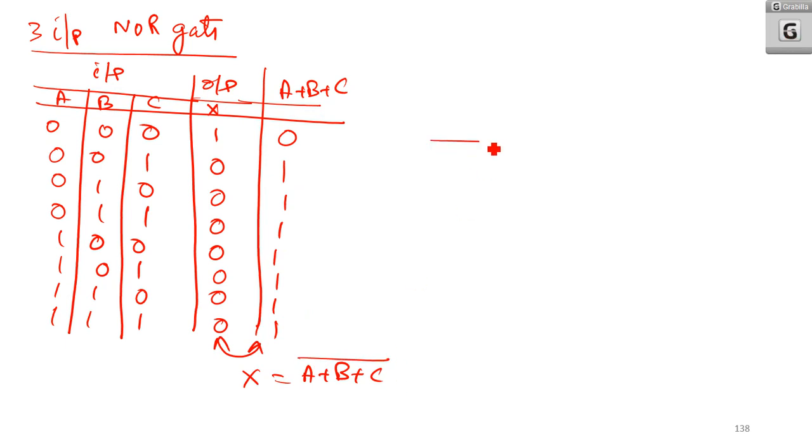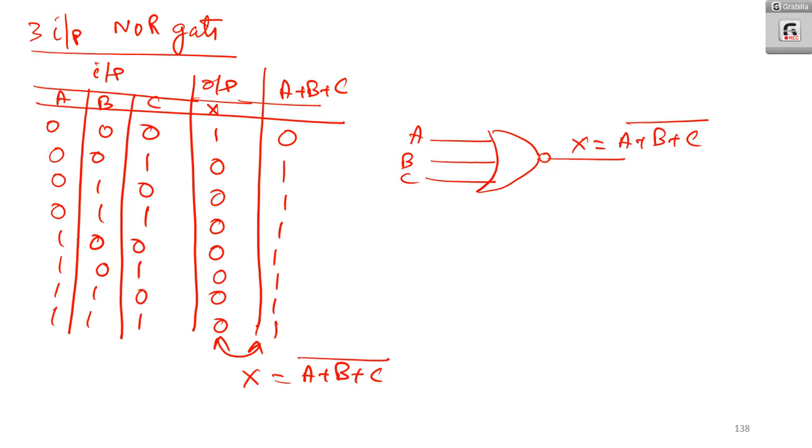So how will you draw the corresponding gate? You are having A, B and C and the gate is like this. So it is X is equal to A or B or C, the whole bar. Hope you have understood the concept of the NOR gate.